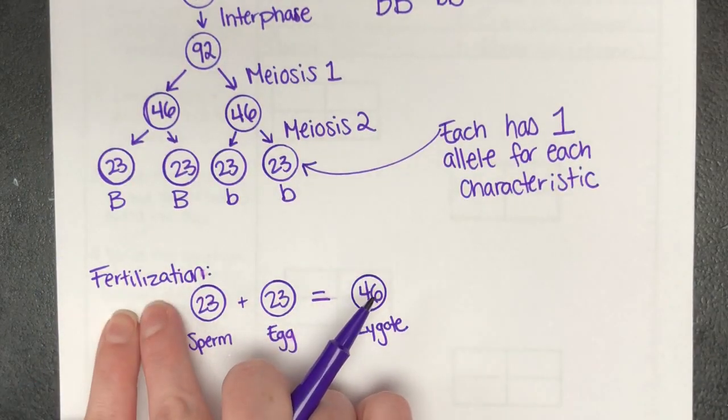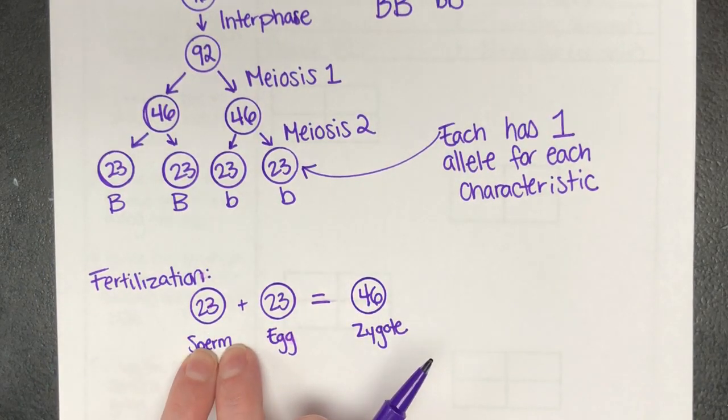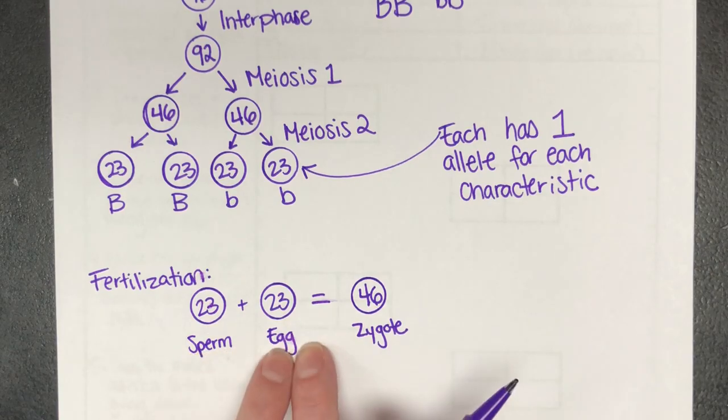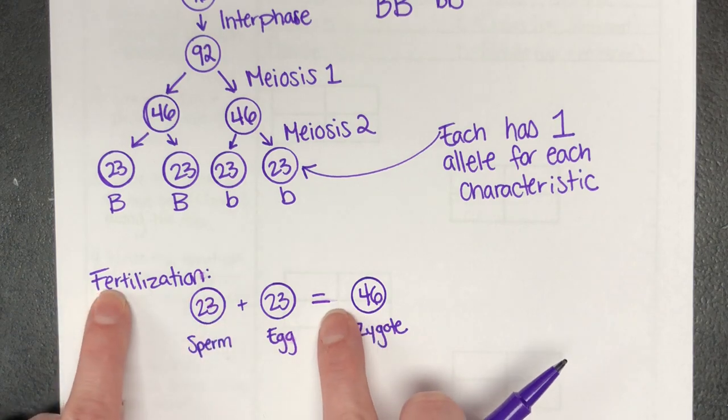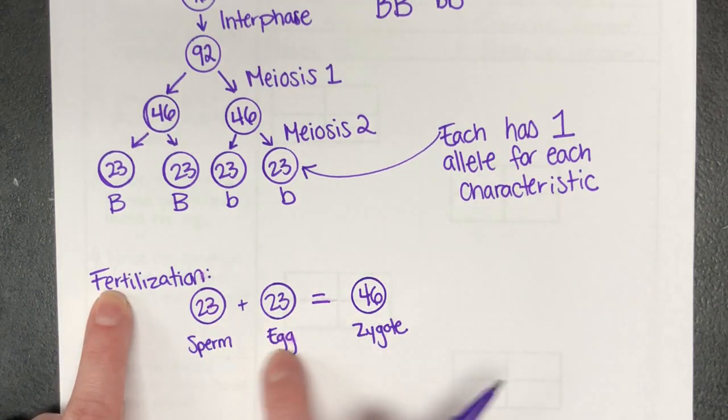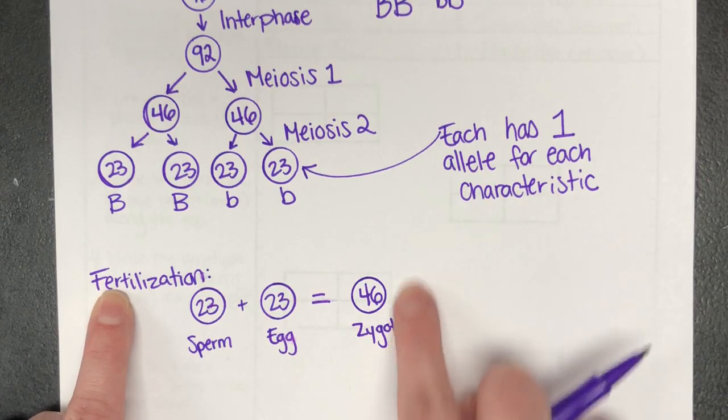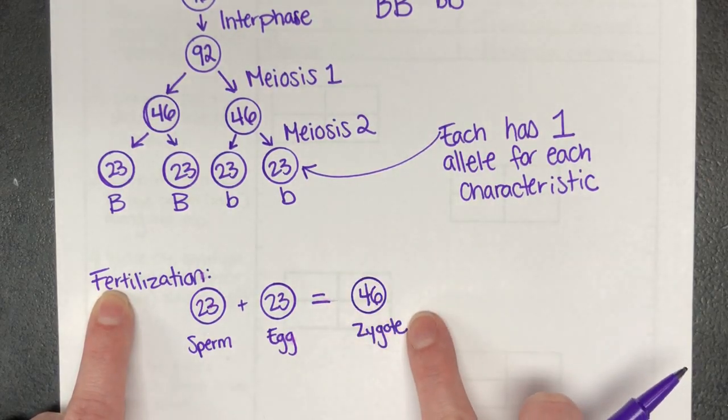Now, let's remember in fertilization, we have 23 chromosomes in the sperm from dad, 23 chromosomes in the egg for mom. When they come together during fertilization, you get the 46 chromosomes in you, the zygote, okay?